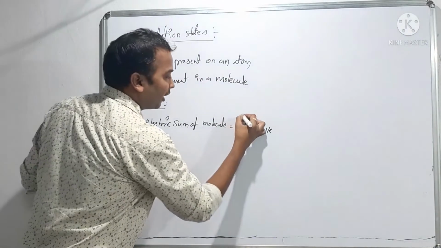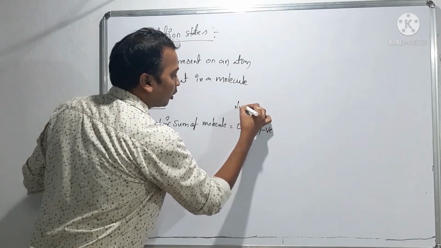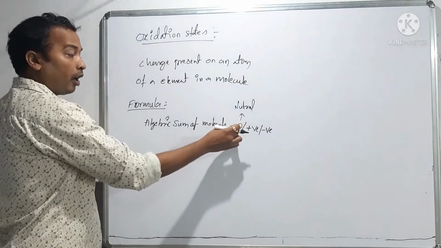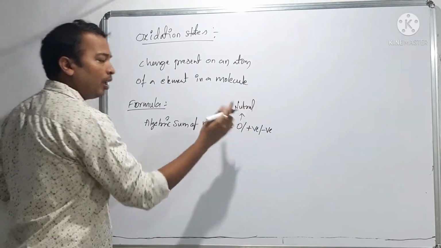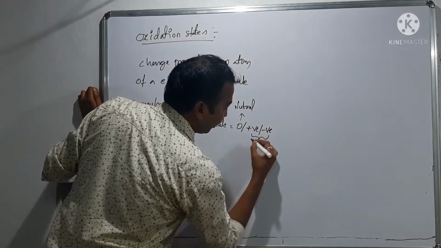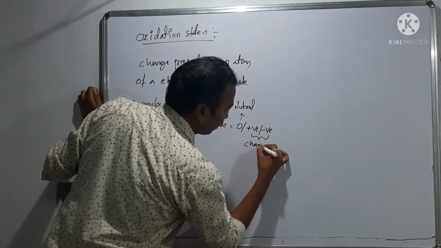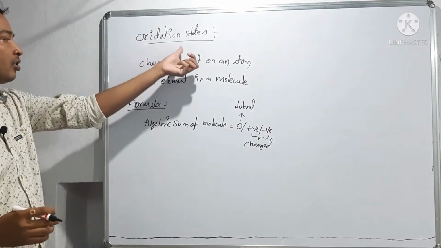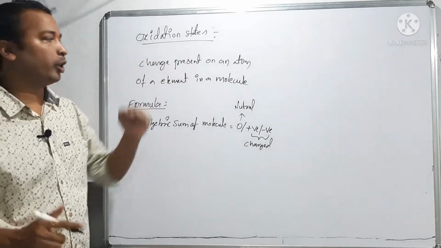Here, 0 indicates a neutral molecule. So, we take 0 for a neutral molecule and positive or negative for charged molecules. This is the formula to identify oxidation states of atoms in a molecule.